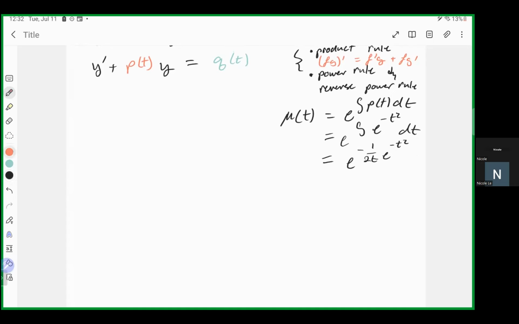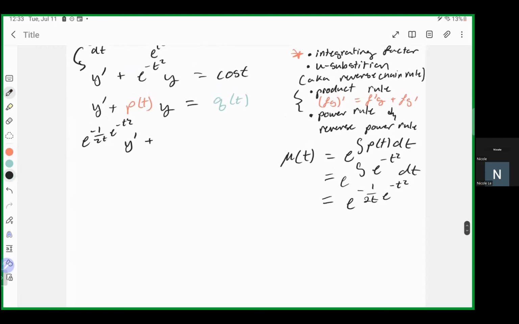Okay, so now that we found our integrating factor, we're going to multiply every term in our linear ODE, in our equation. We're going to multiply every term by that integrating factor. So let's do that. And if you were confused as to why this works, perhaps it'll be more clear once we have this all written out.